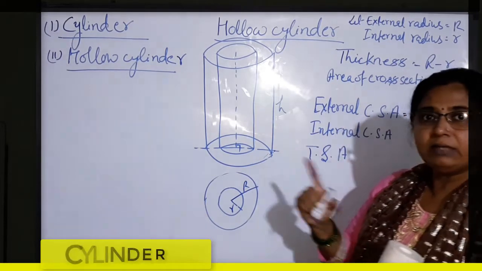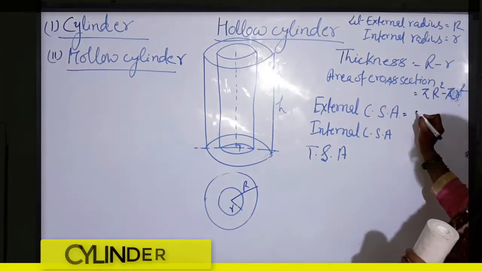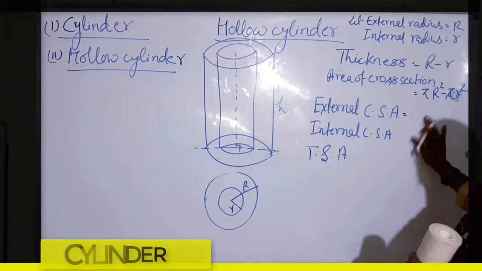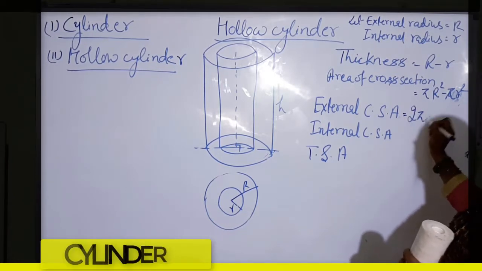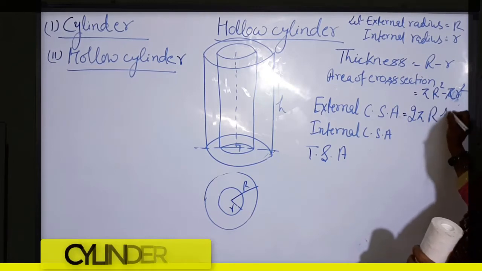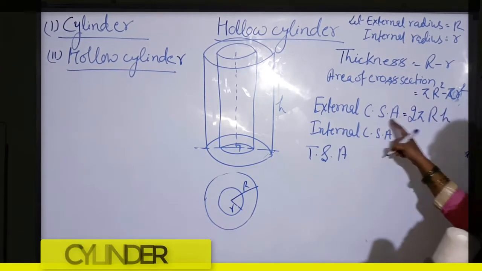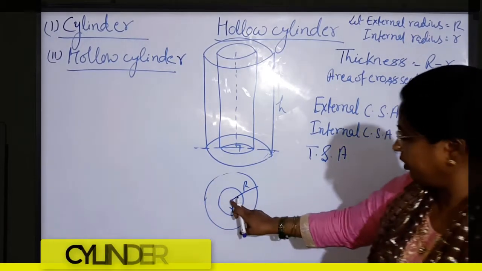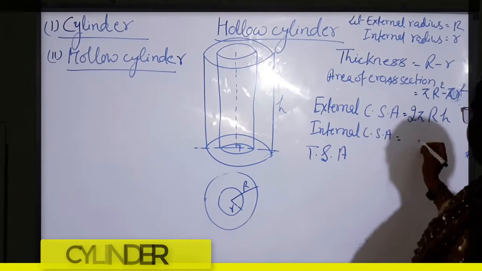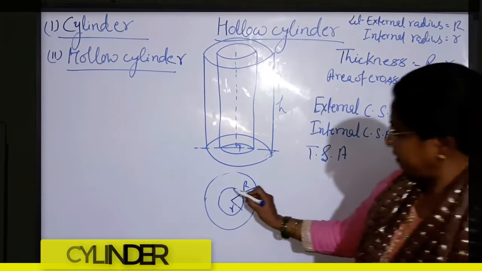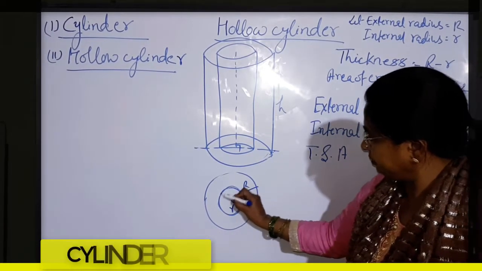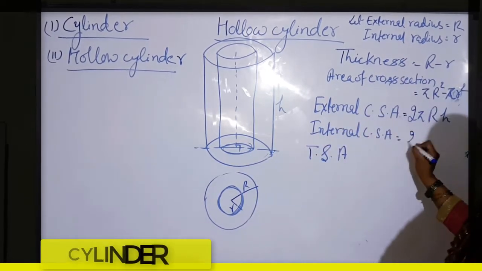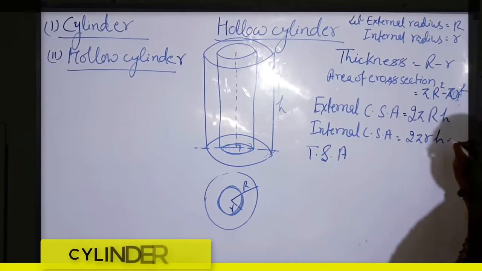That is the lateral surface area. It is 2 pi R into h, that is the external curved surface area. And the internal curved surface area, with small r, is the circumference of this internal circle, 2 pi small r h.